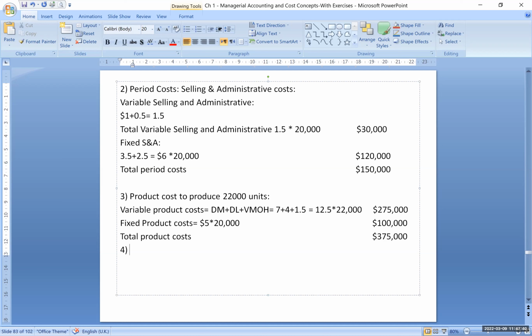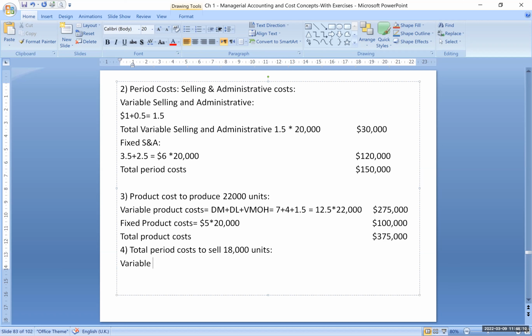Number 4, the total period costs to sell 18,000 units will equal what? We have two parts, the variable part and the fixed part. The variable depends on how many units we sell, but the fixed depends on the 20,000 units.